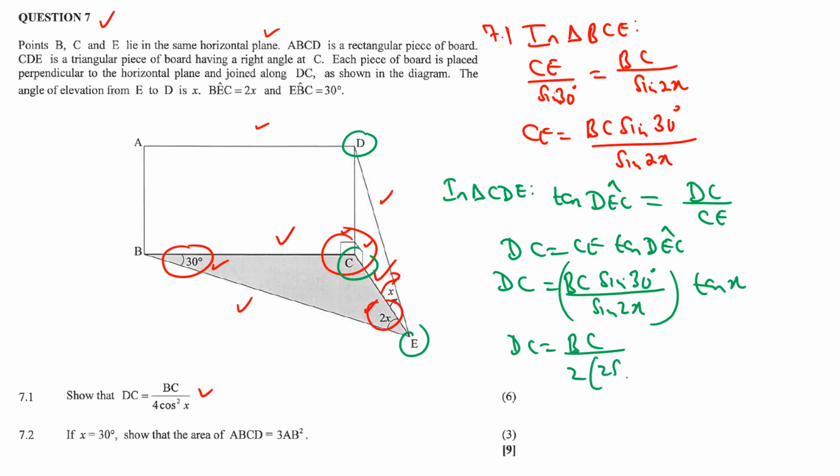And then you have the 2 sine x cosine x from sine 2x. Sine 2x is 2 sine x cosine x. Then the tangent is the sine of x over cosine x.